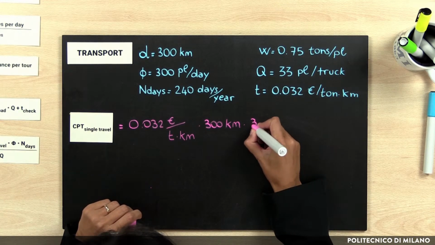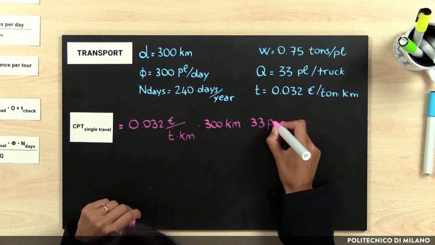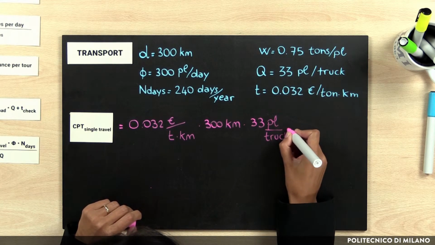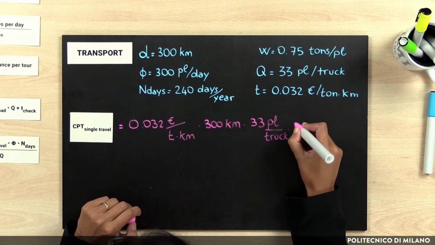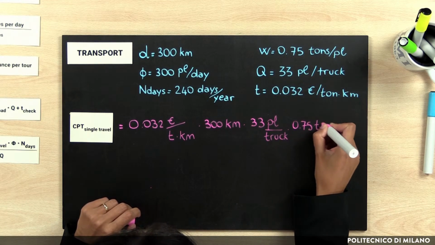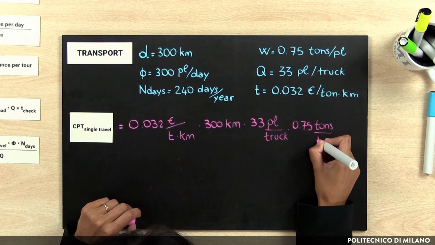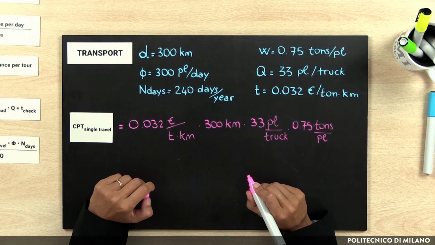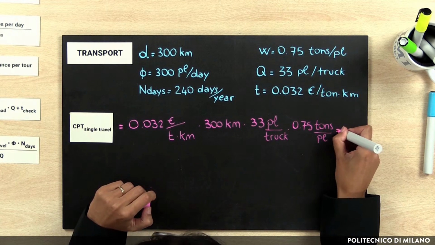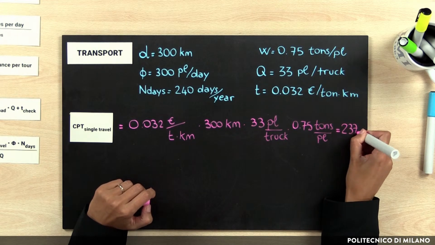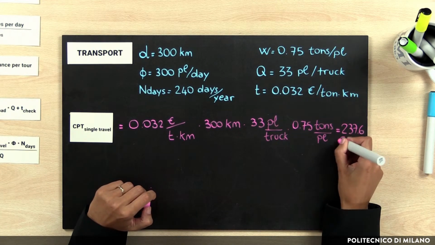So 33 pallet loads per truck and 0.75 tons per pallet load. Therefore, the cost of a single travel is equal to 237.6 euros per travel.